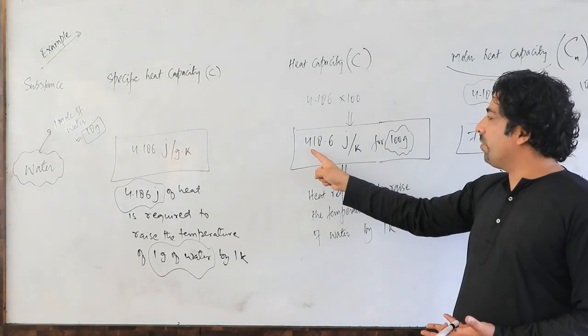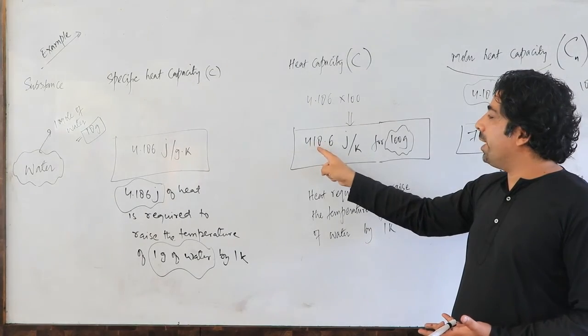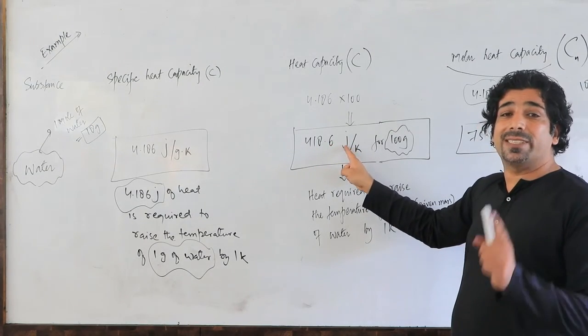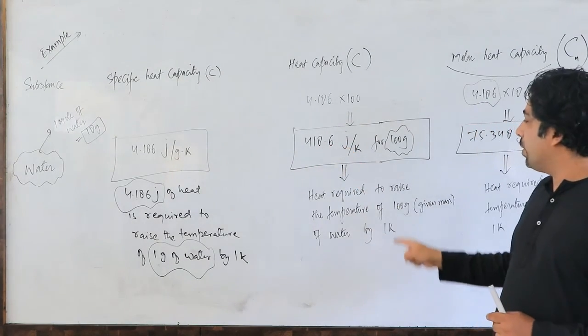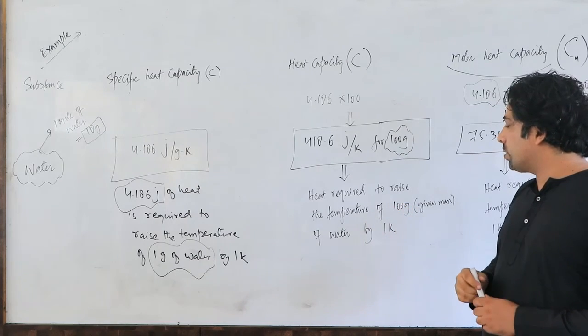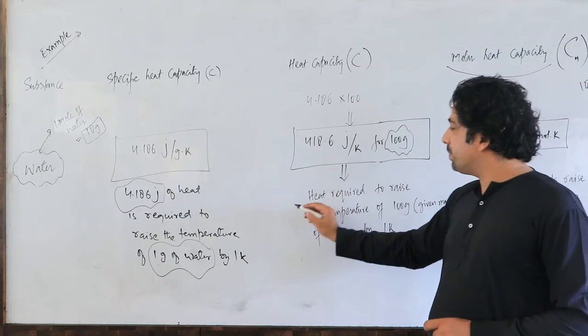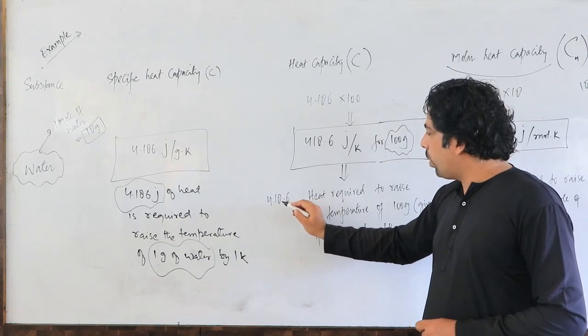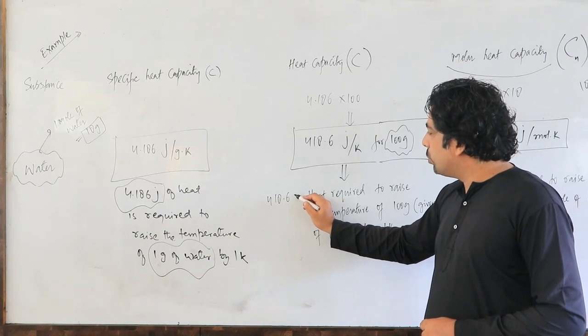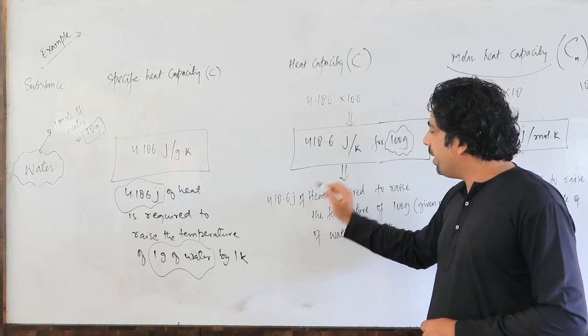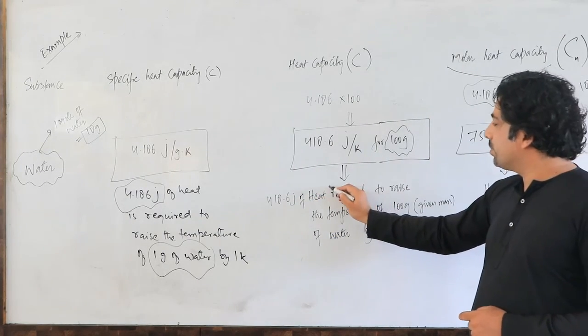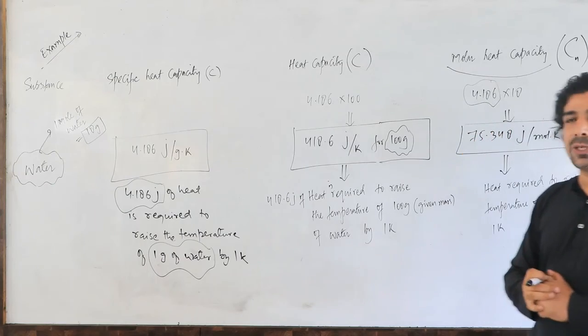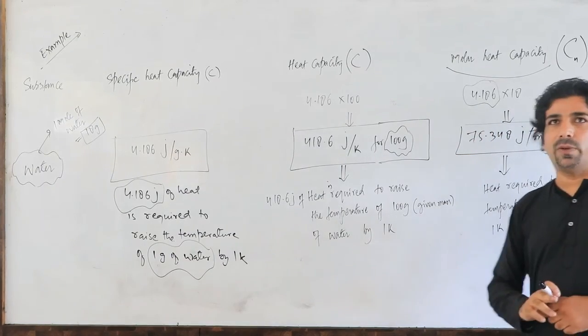So how much heat is required? 418.6 joules of heat is required to raise the temperature of 100 grams of water by 1 Kelvin. That means 418.6 joules of heat is required here to raise the temperature of 100 grams of water by 1 Kelvin.